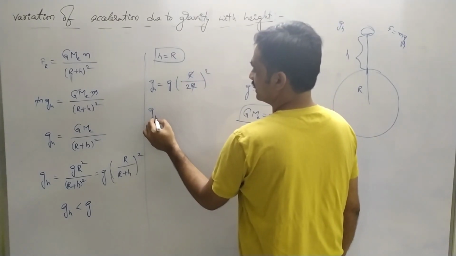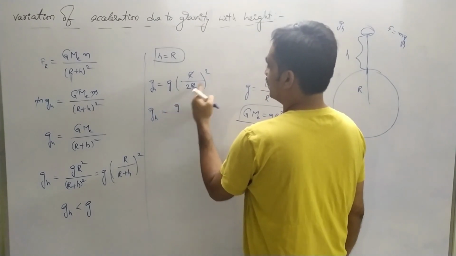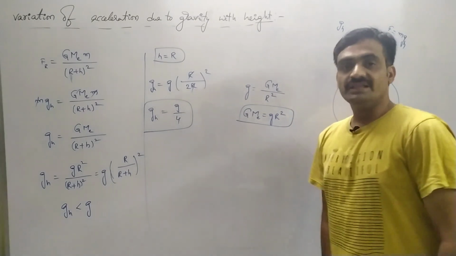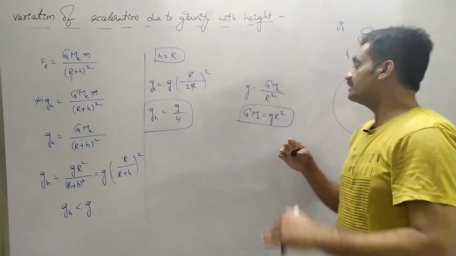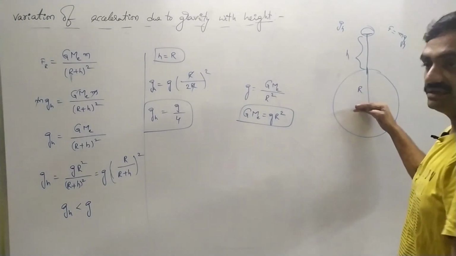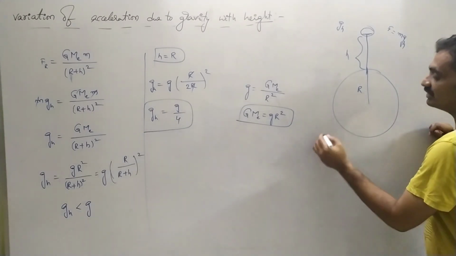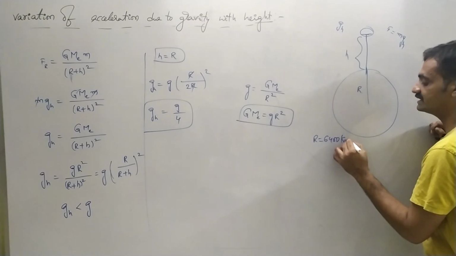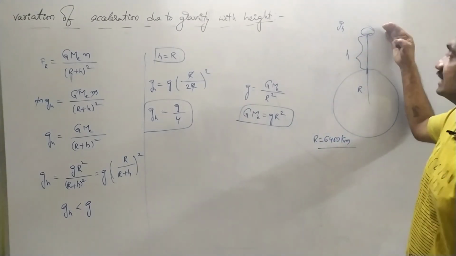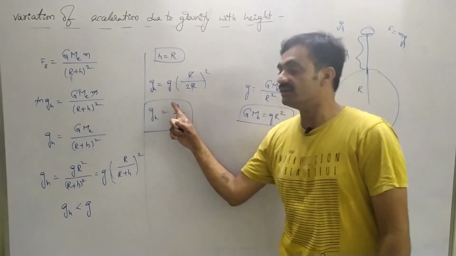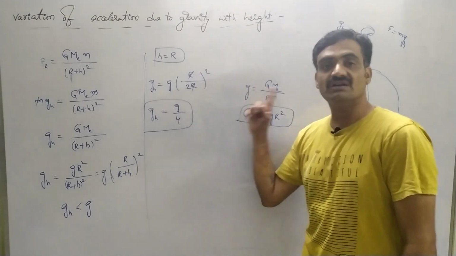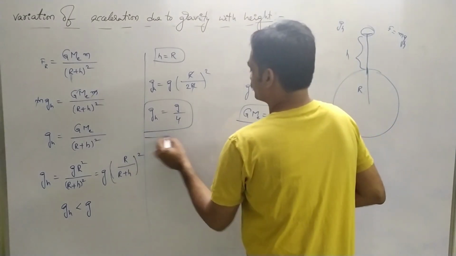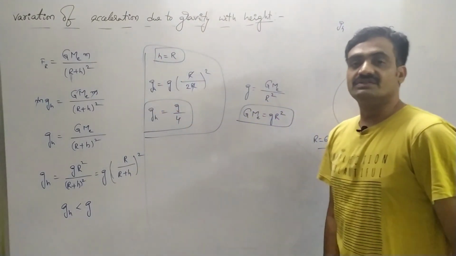So gravitational acceleration at height h is g by 2 squared, that is g by 4. So when the height of the body is equal to the radius of the earth, meaning if we place a body at a height of 6400 kilometers from the surface of the earth, the acceleration due to gravity will be 1 by 4 times the acceleration due to gravity on the surface of the earth.